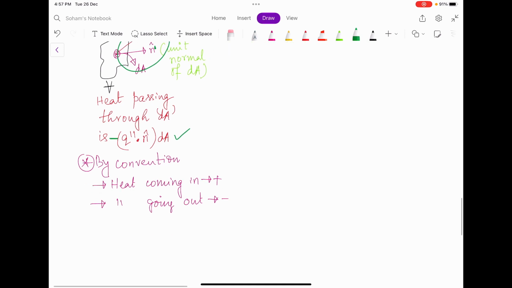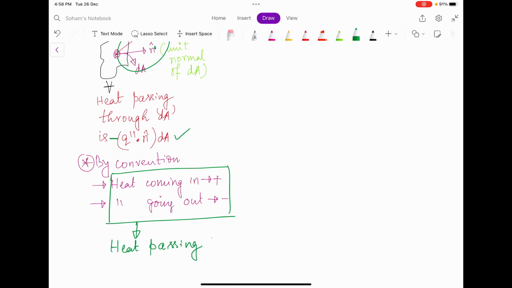To obey this notation, heat passing through dA is minus q dot n dA.